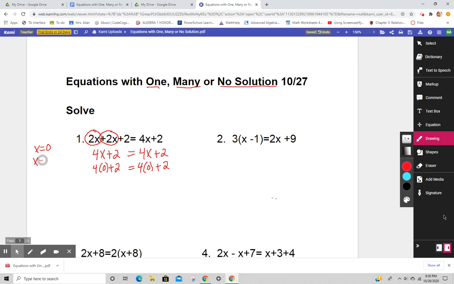What if we let x be 1? Do we get a true equation? Is that a solution? Are both sides equal? Yeah, we get a true equation, a true solution. So x can be 1. What about 2? Can it be 2? Let's check that out.